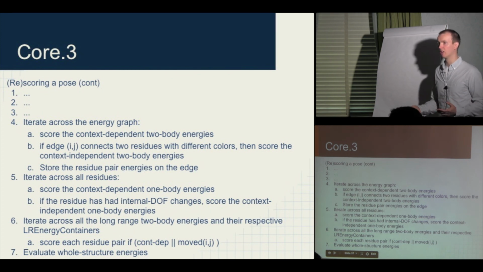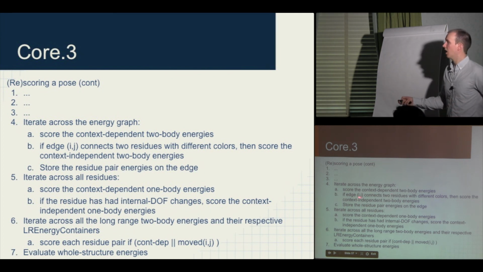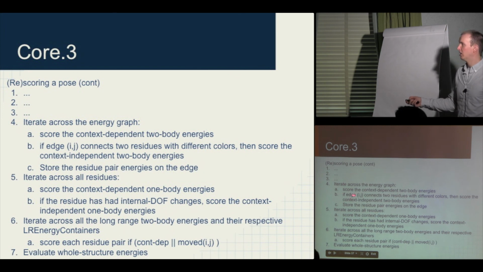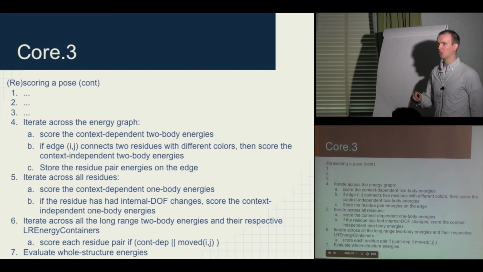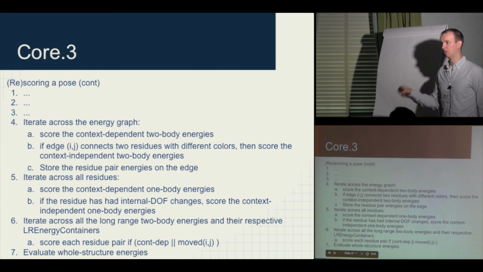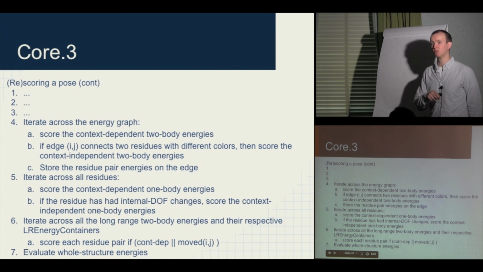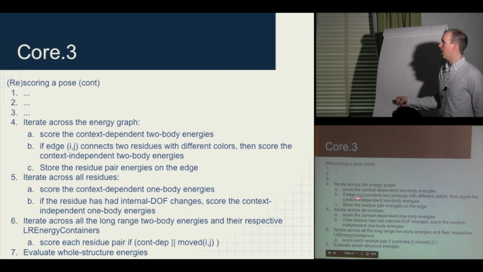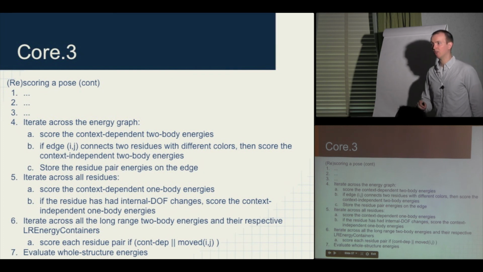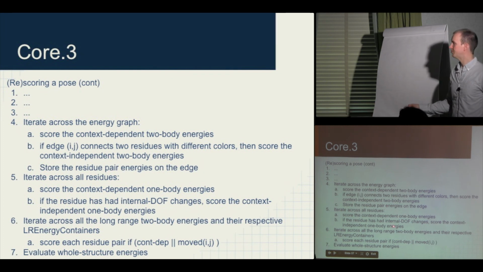It's sort of unknowable whether or not the context has changed. And then you'll ask whether this edge connects two residues with different colors. And if so, then you calculate the context-independent two-body energies. Otherwise, you reread the energies that are already stored on that edge because they're still valid from the last time the pose was scored. And if you did rescore, then you store those residue pair energies on that edge for reuse the next time you score.